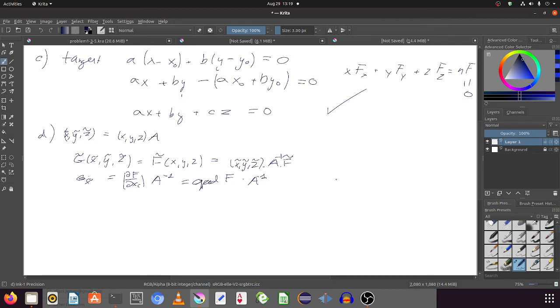And now the equation is dot the gradient of f equals naught. Maybe we should change the sequence there.